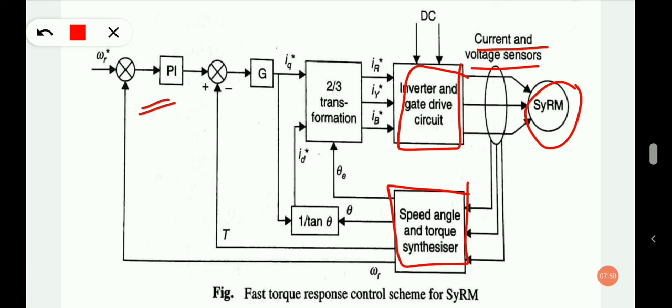So this is the simplified block diagram for implementing the fast torque response control scheme.